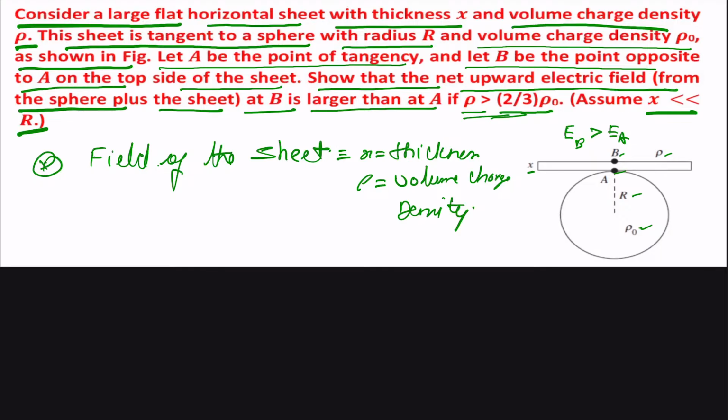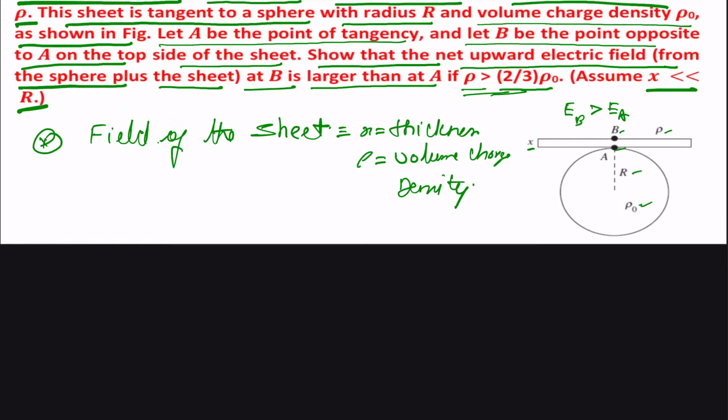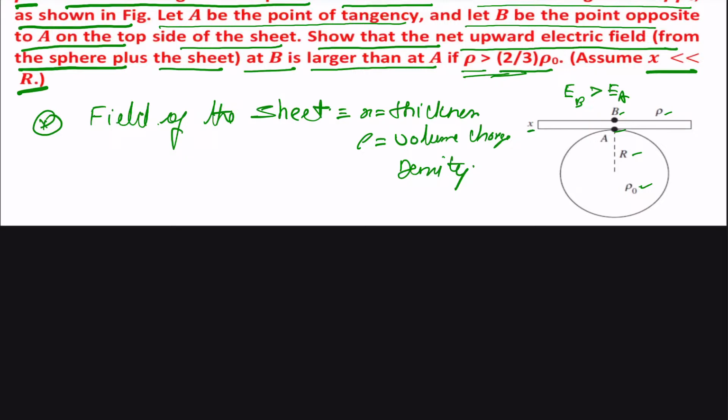Therefore, we can say that effective surface charge density, let us suppose that you have a sigma, then sigma will be equal to rho times x.